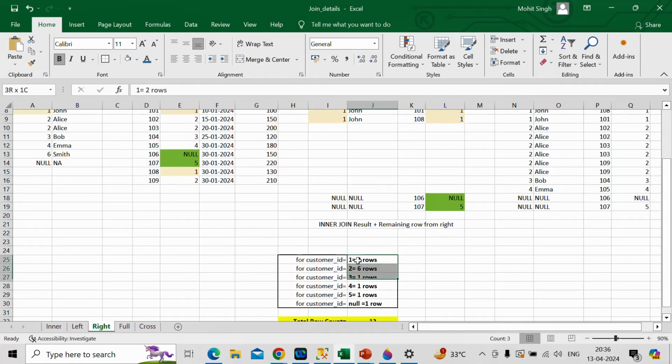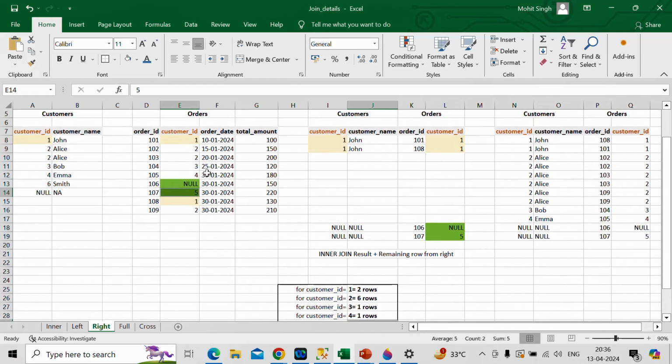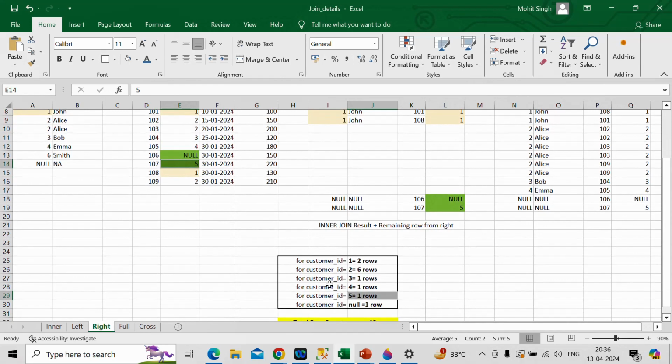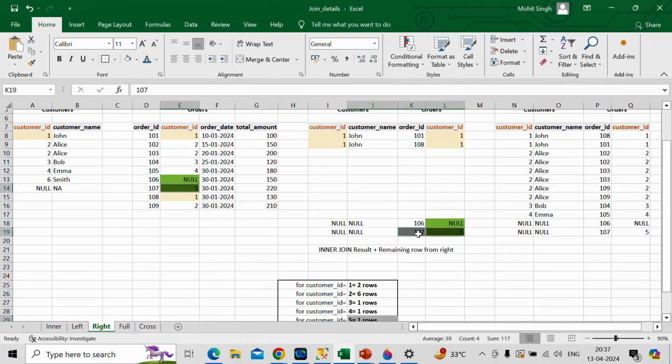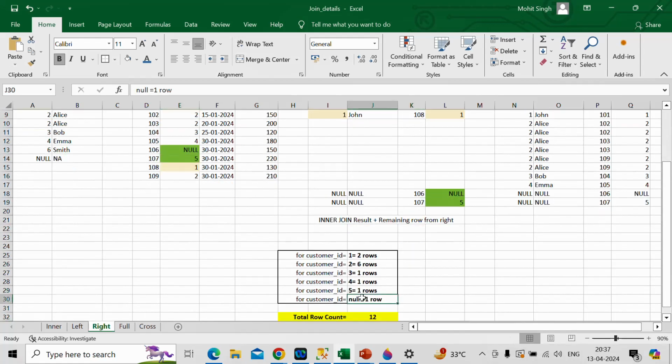Okay. So this was the common record from inner join, plus one record we have got from the value customer ID equals 5 from the orders table, which was not present here. So we have got this row as an output corresponding to customer ID 5, and the same for null. Okay. So this null value we are getting here in the output.